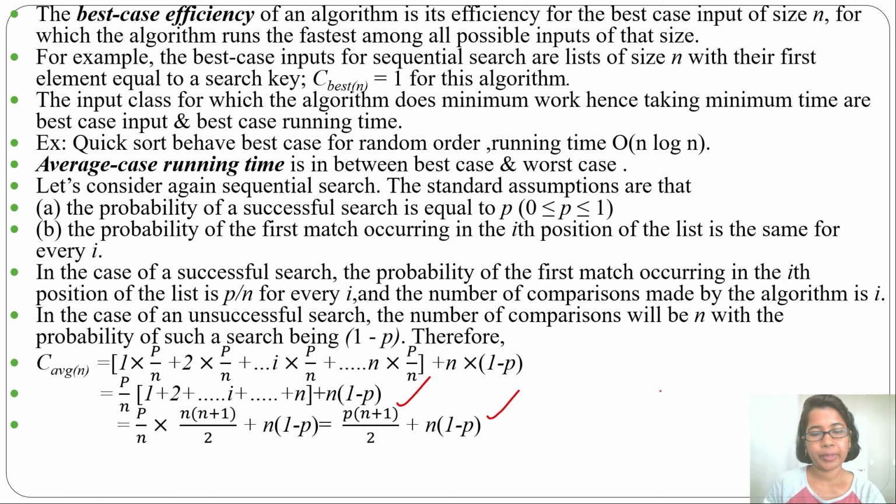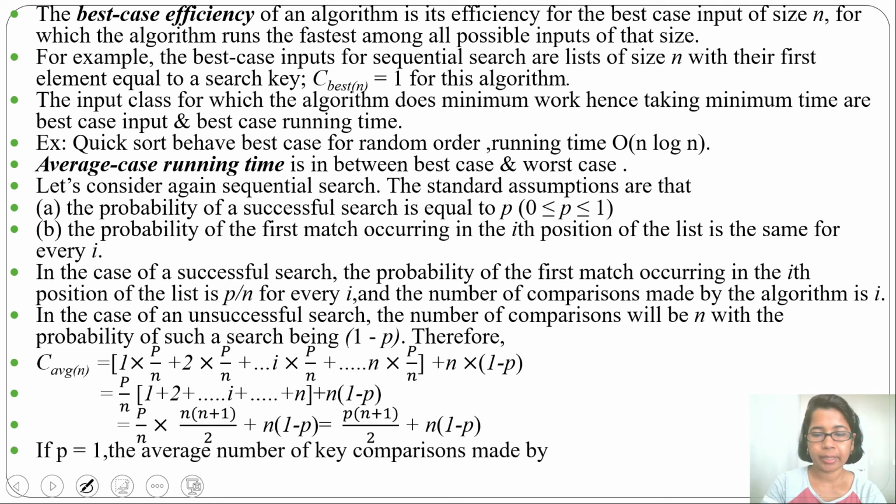Let's consider p equals 1, meaning we found the key for successful search. If we substitute 1 in place of p, 1 minus 1 will be 0, n multiplied by 0 will be 0. Now in place of this p, if we substitute 1, it will be simply n plus 1 by 2. So sequential search average case running time will be n plus 1 by 2.